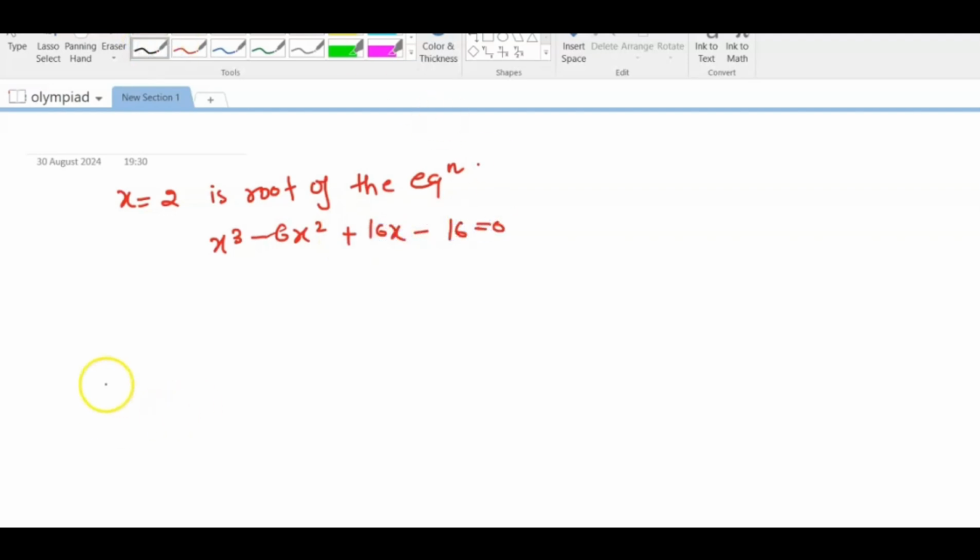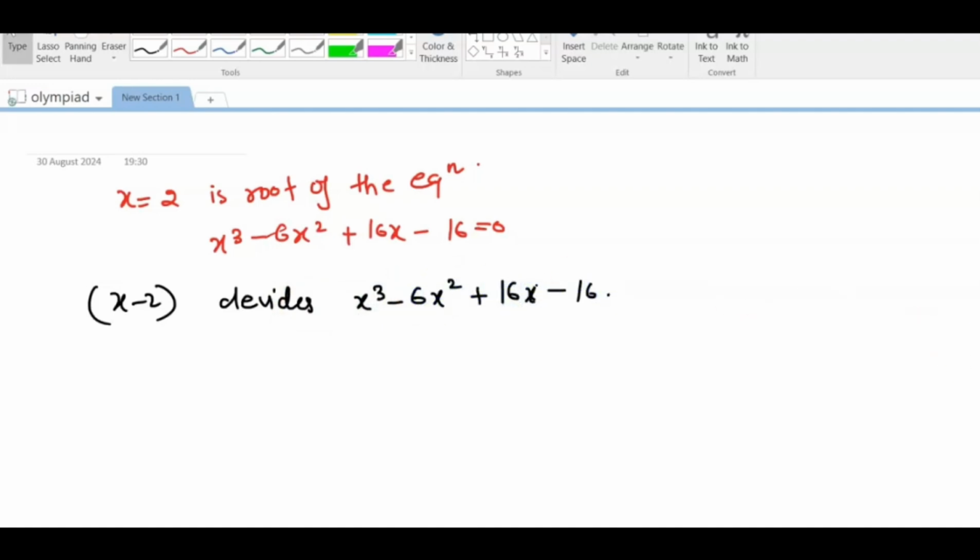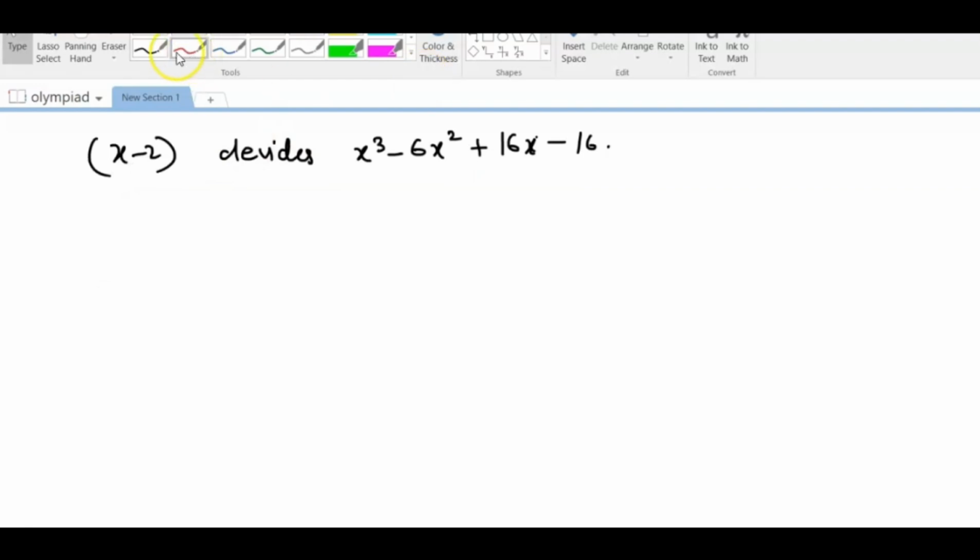So what does this mean? This means that x minus 2 divides x cubed minus 6x square plus 16x minus 16, and let's see what we get.